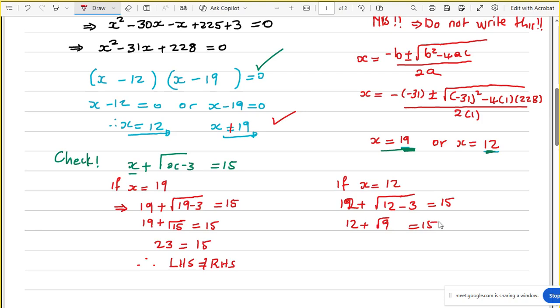So this will be 12 plus the root of 9, which is 3, which is 15. Therefore, 15 is equal to 15. Therefore, left-hand side and right-hand side are equal. So x must be equal to 12. So for rejection, there's 1 mark. So if you don't say x must not be equal to 19, you'll definitely lose that mark, okay?